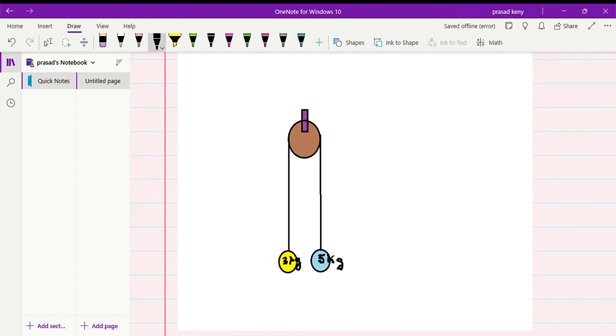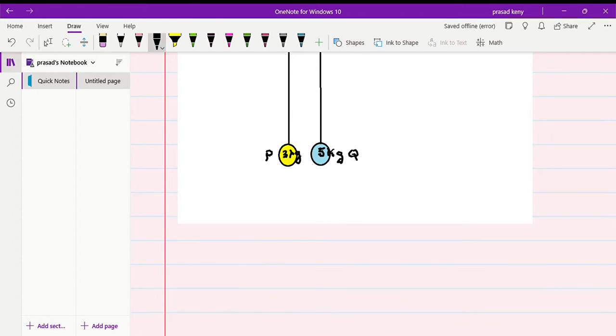So this is particle P here and this is particle Q here. Now, initially both the particles are held at rest 1 meter above the ground. So, suppose this is the ground level. So, both the particles are at a height of 1 meter above the ground. And from rest they are released.